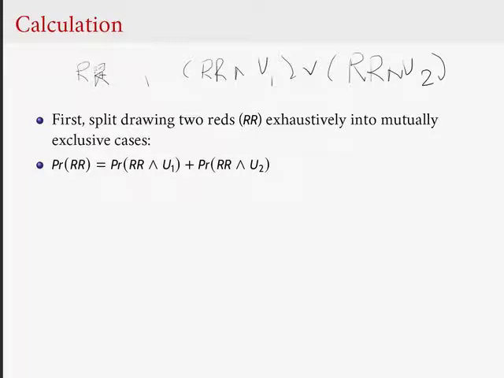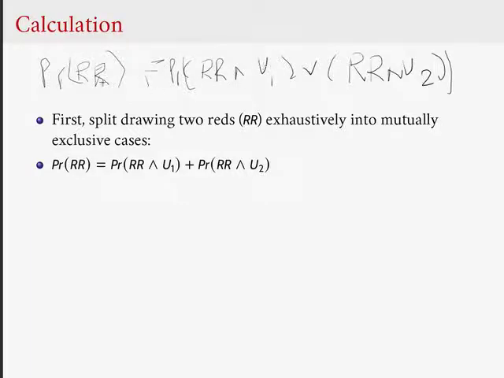So because, again, RR, so drawing 2 reds, is logically equivalent to either drawing 2 reds from urn 1 or drawing 2 reds from urn 2, we know that their probability is the same because of the rule which I gave you in the last lecture, that the probability of logically equivalent sentences is the same.